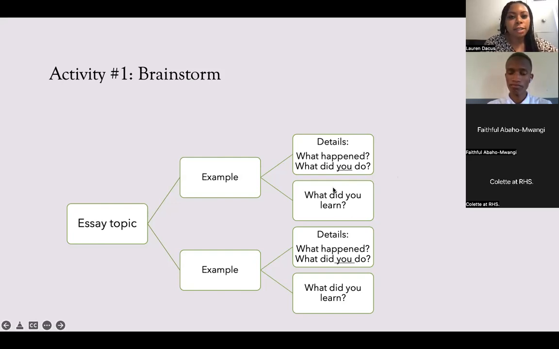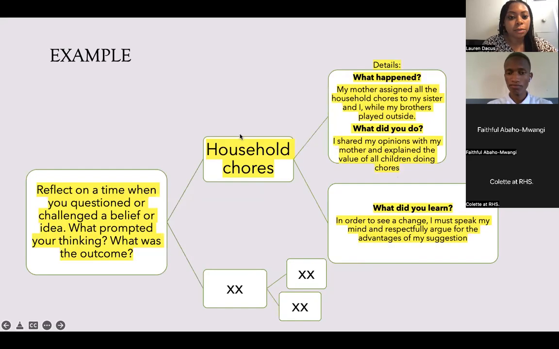So I'm going to give you an example of one that I filled out. I chose the topic, reflect on a time when you challenged or questioned a belief or idea. What prompted your thinking? What was the outcome? So for me, one of my examples is when I was doing household chores. So the details, what happened?